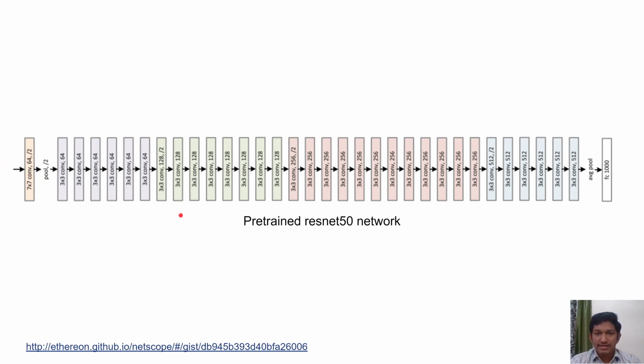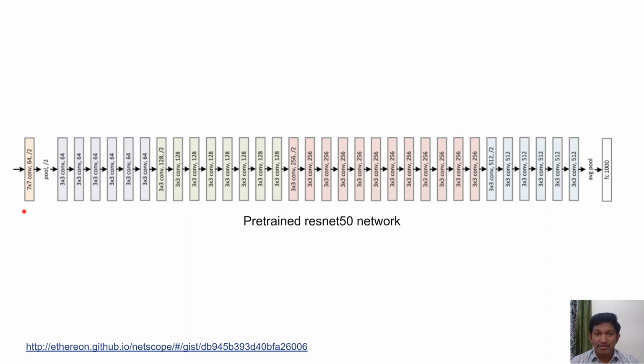We use the transfer learning technique to create this CNN. We used a pre-trained network, which is the ResNet 50 network. The reason we used a pre-trained network is that it worked very well on the ImageNet dataset, and these are the winners of ImageNet competitions.